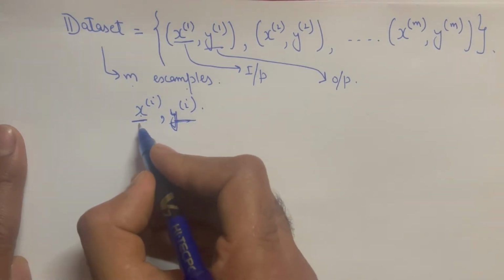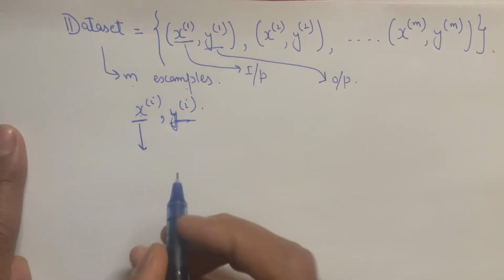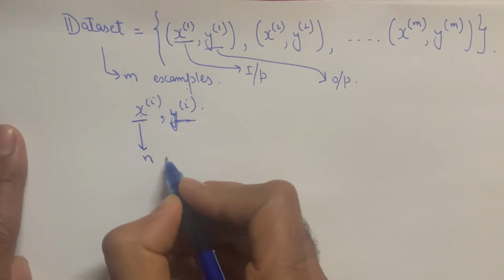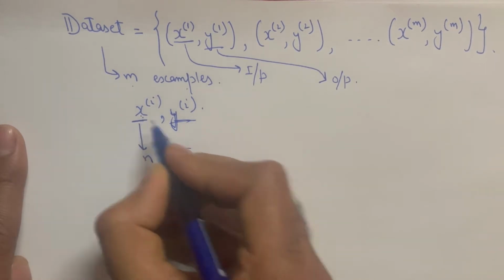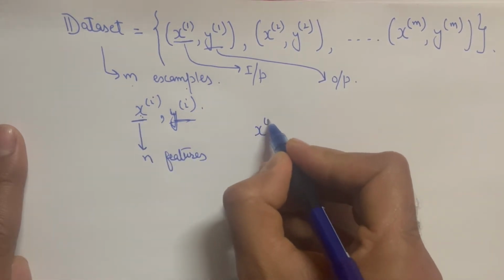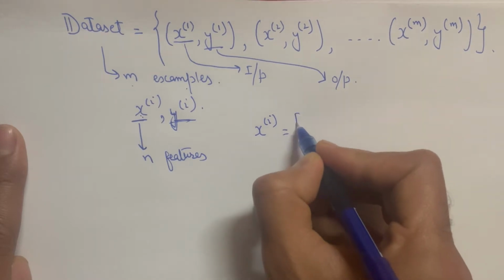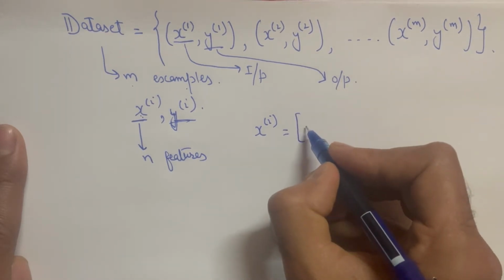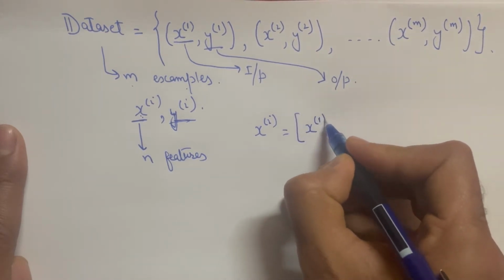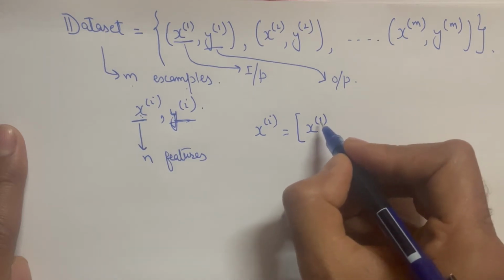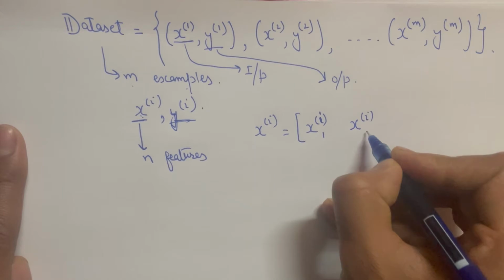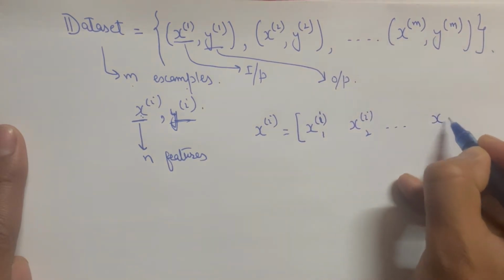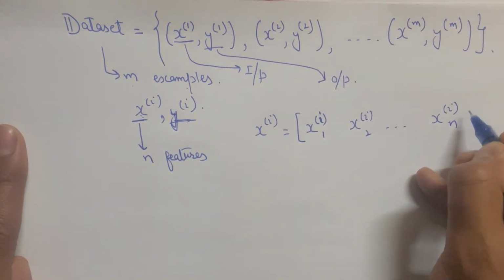Let's say every xi has n features. So we can write every xi like this: xi1, xi2, up to xin.